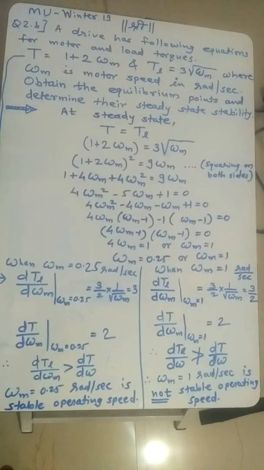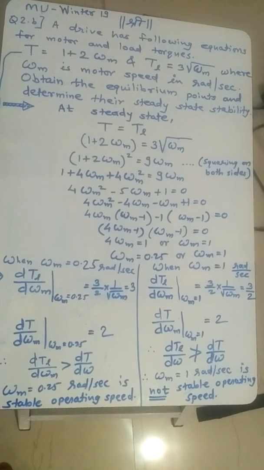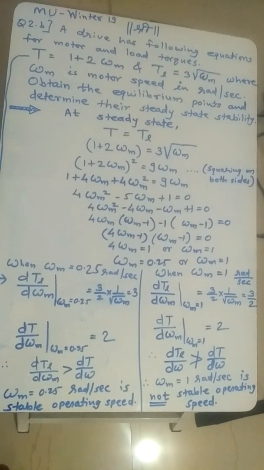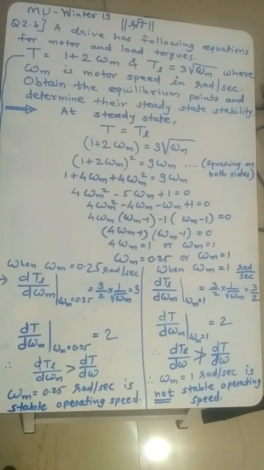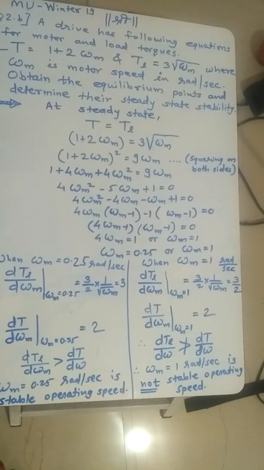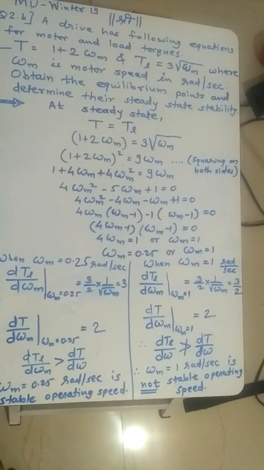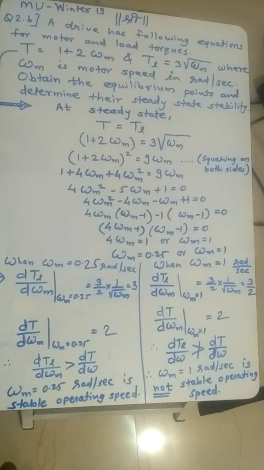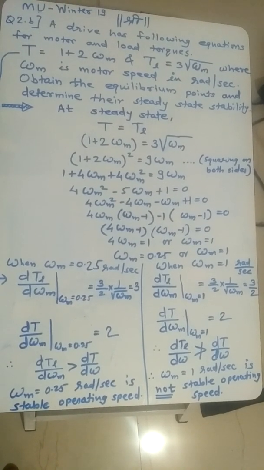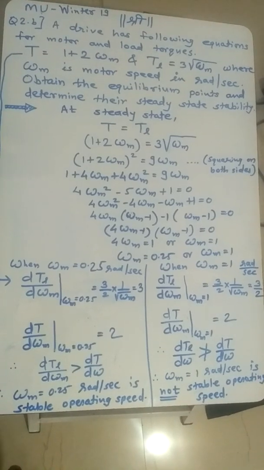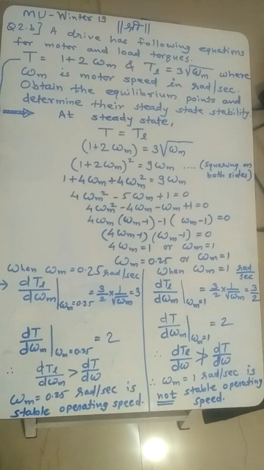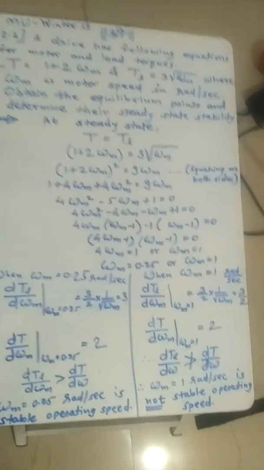So obviously from the above two values we can say dTL by d omega m is greater than dT divided by d omega m. So load torque, when I differentiate with respect to speed, it is greater than differentiation of motoring torque with respect to speed. So therefore we can say that omega m is equal to 0.25 radians per second is a stable operating speed.